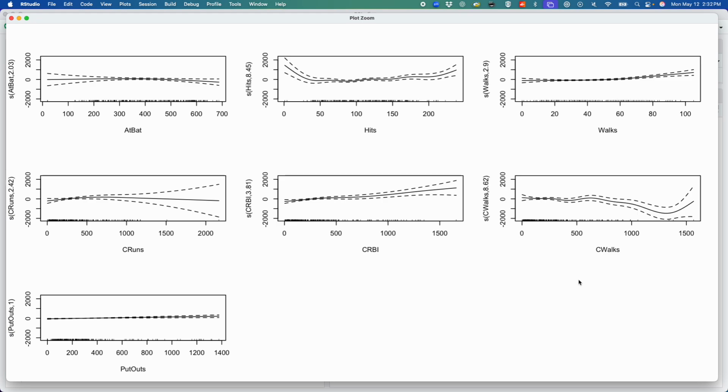Even for folks who are focused on inference, it's probably worth doing things like this to investigate your functional fit assumptions. Any other questions about this? All right.